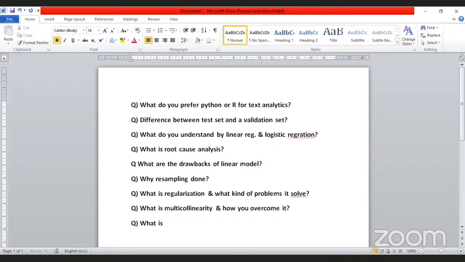What is the difference between squared errors and absolute errors?